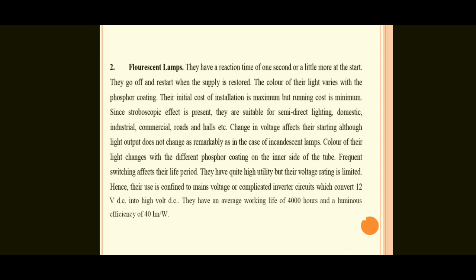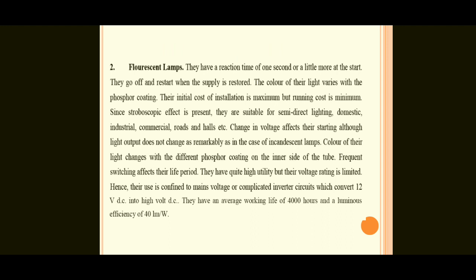The color of their light varies with the phosphor coating. Here the phosphor coating is placed on the inner side of the tube. So for different colors the light will vary, depending on the inner side coating of the phosphor bulb.